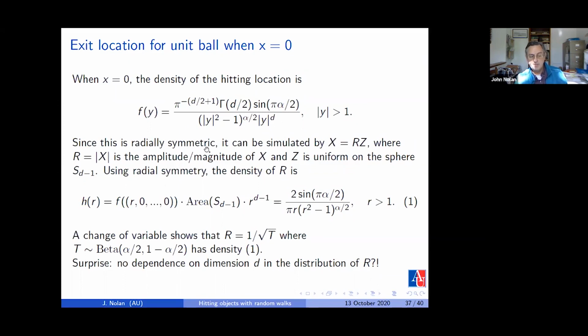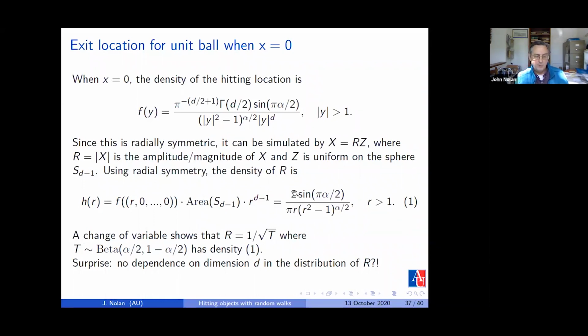This is radially symmetric. So you can simulate this by taking R, where R is just the magnitude of X, and Z is uniform on the sphere in the dimension that you're looking at. You can do this for any radially symmetric distribution. The problem is, can you determine the distribution of this radial component?